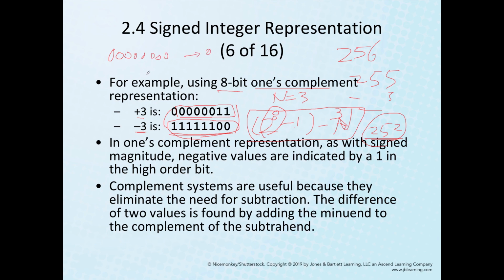But if we invert it, it's all ones, which is also 0: negative 0 and positive 0. Like signed magnitude representation, ones complement also has 2 zeros, and that's not efficient. So in modern computers, ones complement is not used, but twos complement is used. That's the subject of the next study.